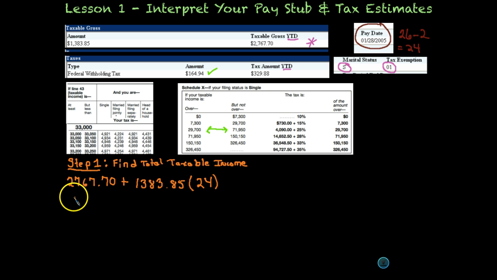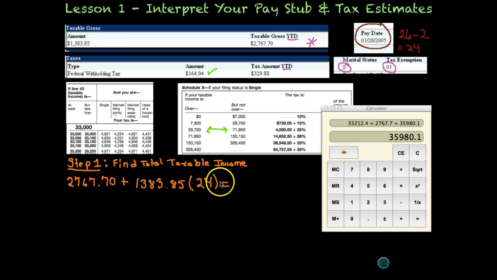All right, once we simplify this, we will have this person's total taxable income. When I put this in the calculator, I get a total income of $35,980.10. That is this person's projected taxable income in a year.